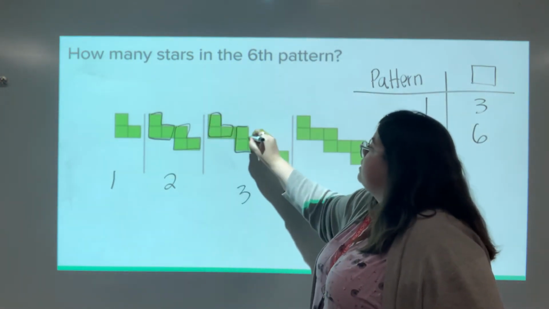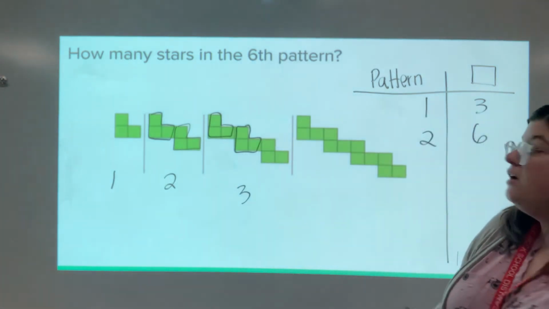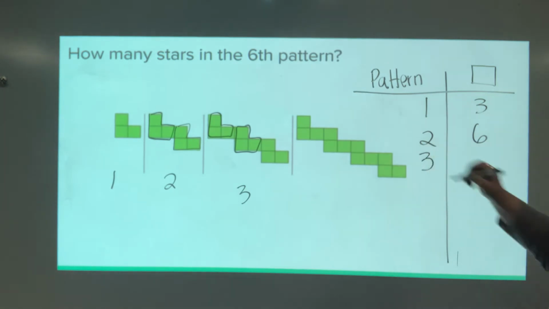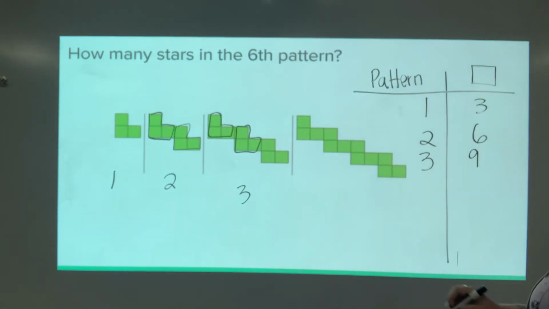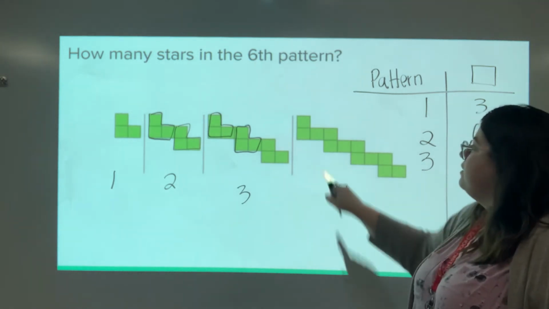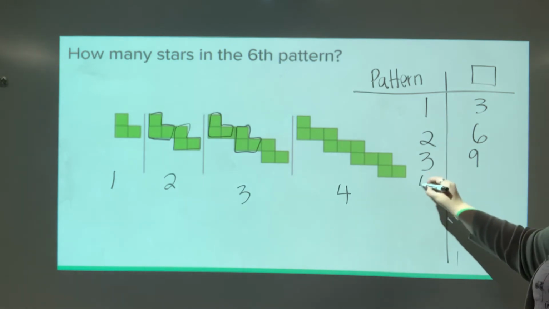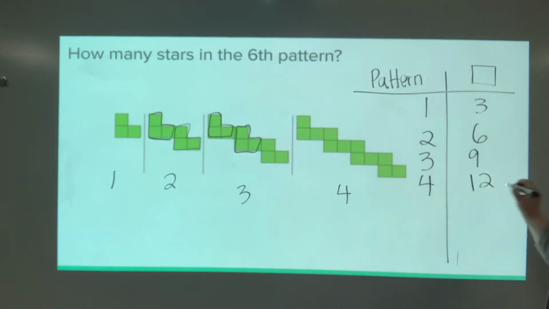There's the 3 squares from the 2nd pattern. Here is another 3 squares. So in my 3rd pattern, I've got 9. You seeing where we're going with this? In the 4th pattern, I have 1, 2, 3, 4 groups of 3. So I've got 12, all right?